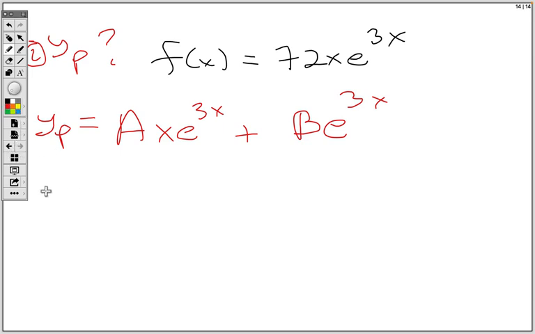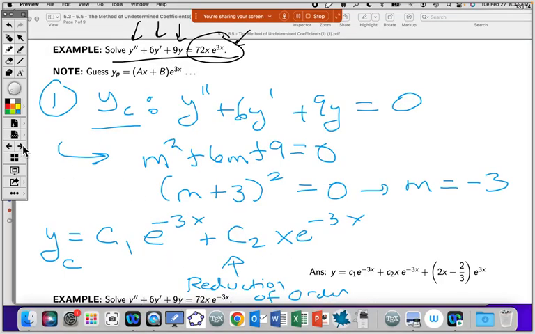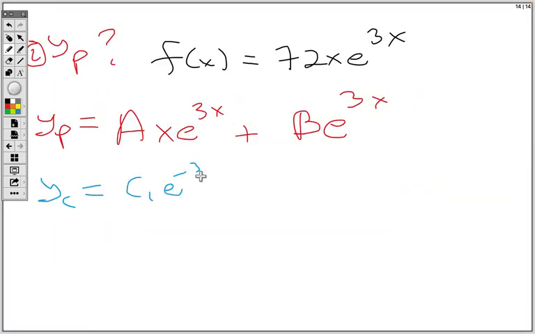with the yc. Now the yc in this case was a c1 e to the minus 3x plus a c2 x e to the minus 3x. Do we have duplication here or not, folks?